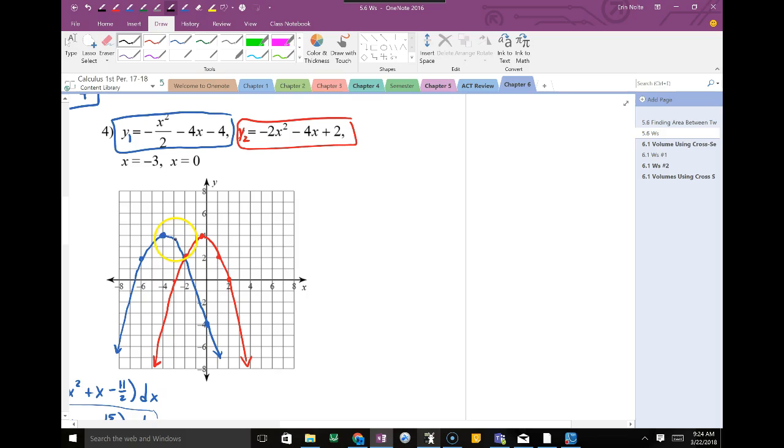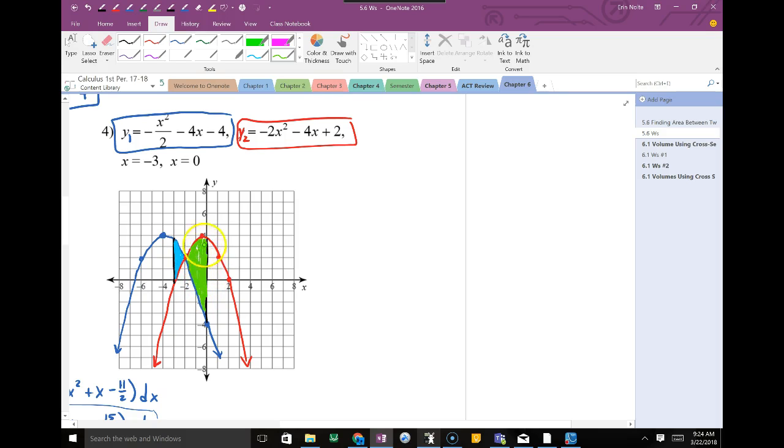Okay, we're going from negative 3 to 0. So I'm going to do 2 different colors here. Let's do a blue. And green. Colors definitely help.